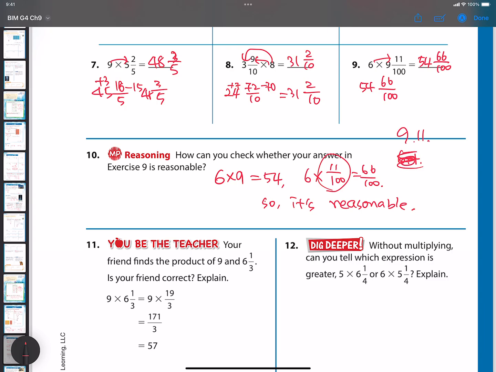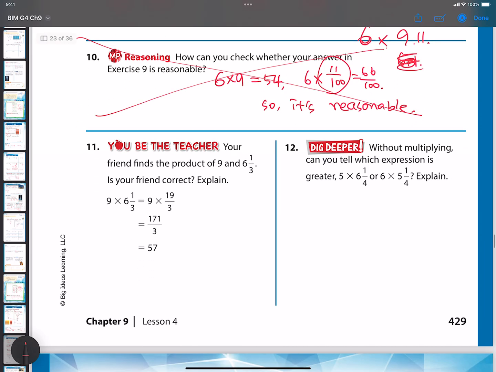Okay, 9.11, because 11 over 100 is decimal point 11. 9.11 times 6. But we didn't learn decimals, so it doesn't make sense to ask this kind of question at this time. I'm sorry, but you know what? Put an X mark on it. This number 10 is no need question.